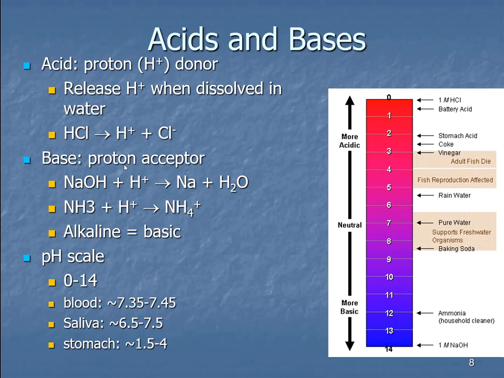Bases, on the other hand, are proton acceptors. So this NaOH, if it can react with a proton, it's going to accept it, and it's going to basically dissociate into sodium and water. So if you look at all the molecules accounted for here, H2O and then sodium itself. These are proton acceptors.